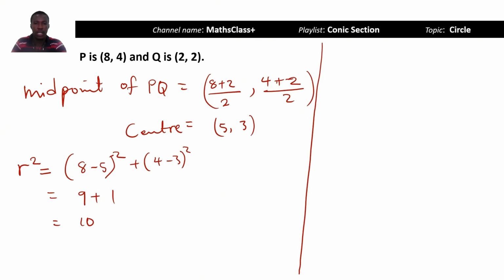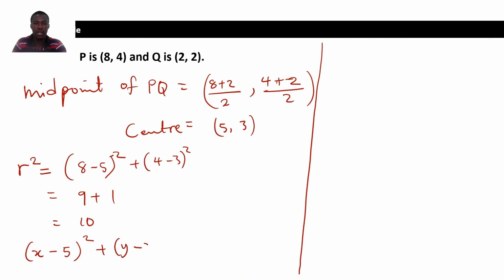Okay. Now I have the center, so I can easily find x minus a. So the center is going to be like this. a is 5, so (x minus 5) squared plus (y minus 3) squared is equal to r squared, which is 10.